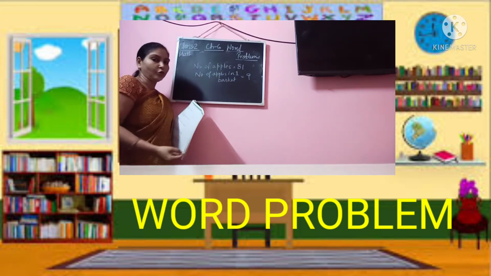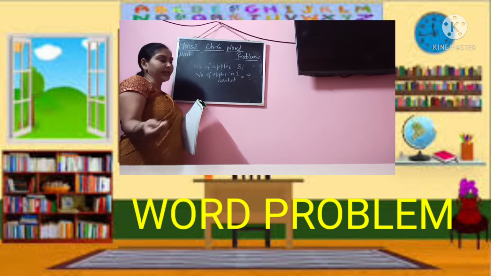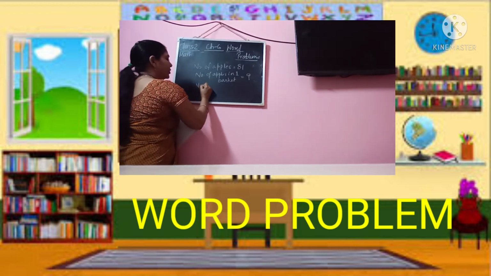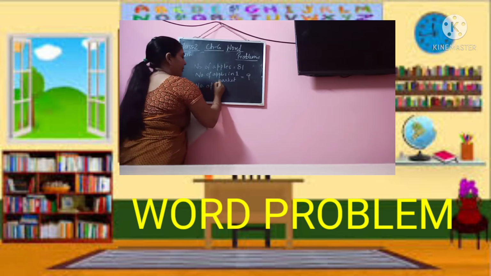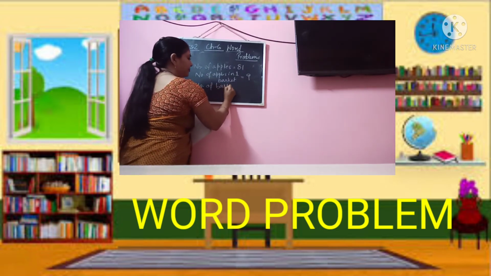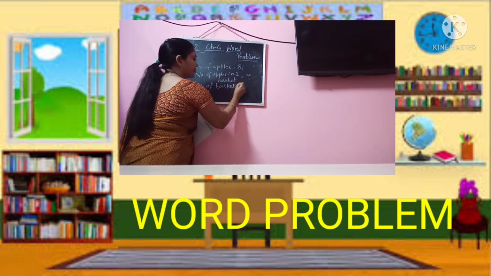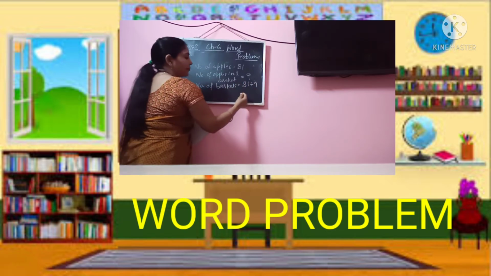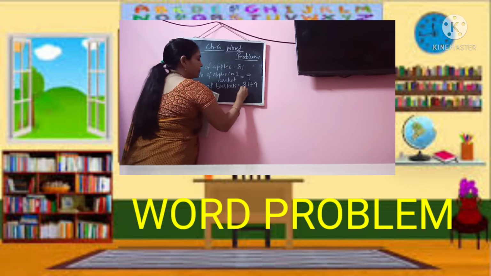You don't have to write so many statements. I am just making you understand, okay? Then how many baskets you require? Number of baskets. You will divide 81 by 9. And so you do the division here.